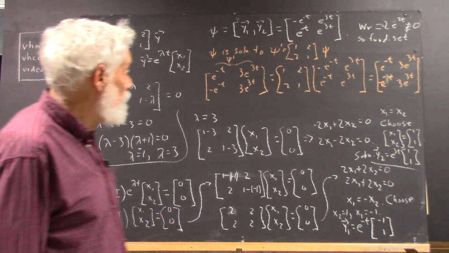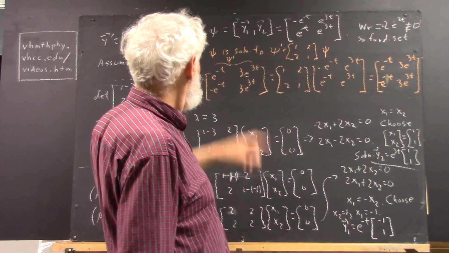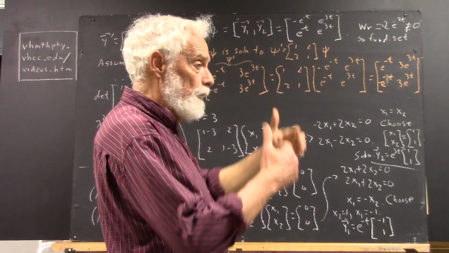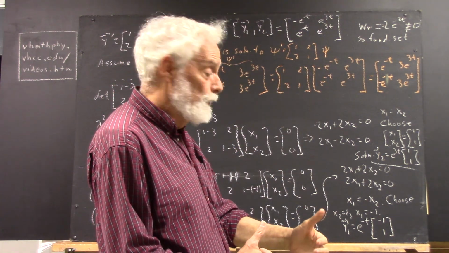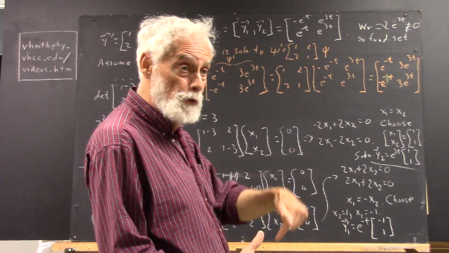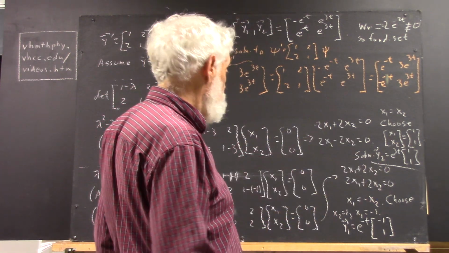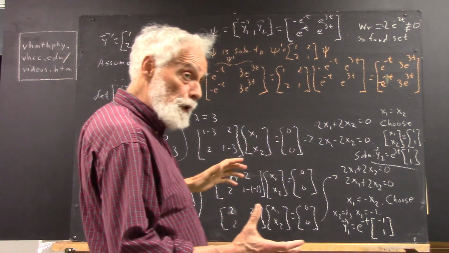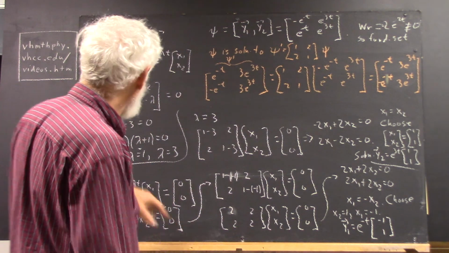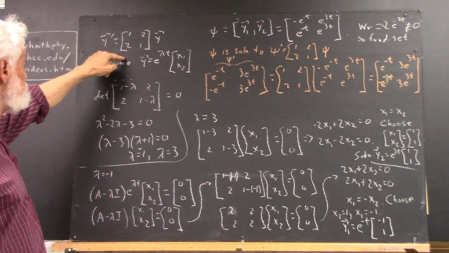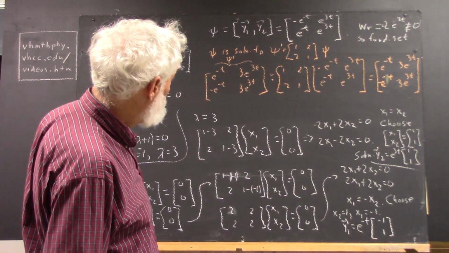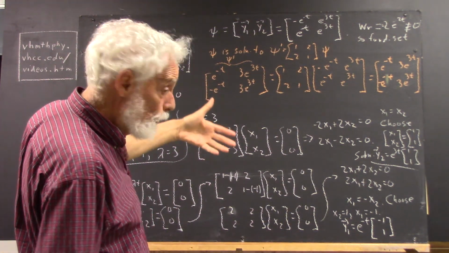Okay. Well, this then is our solution matrix, a square matrix consisting of linearly independent solution vectors in the columns. Since it's a square matrix, the number of rows has to equal the number of columns, and the number of columns equals the number of rows in the original equation.